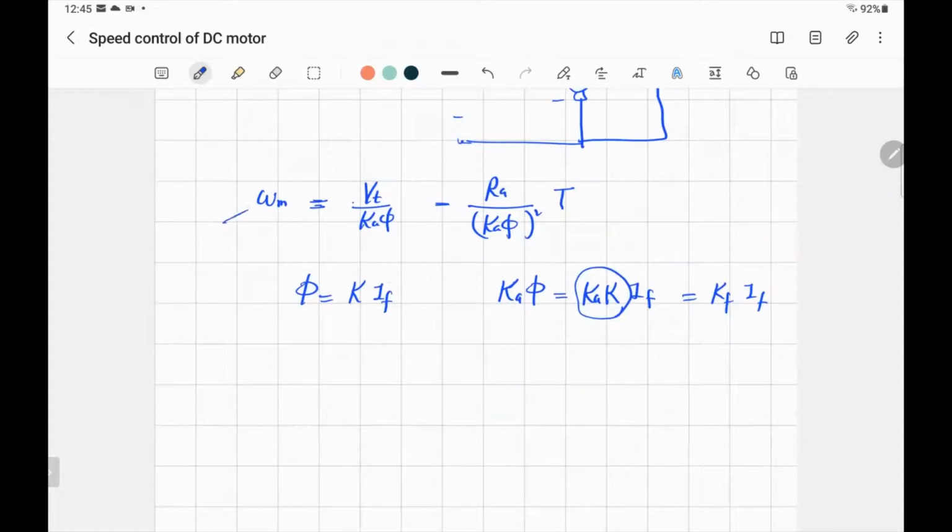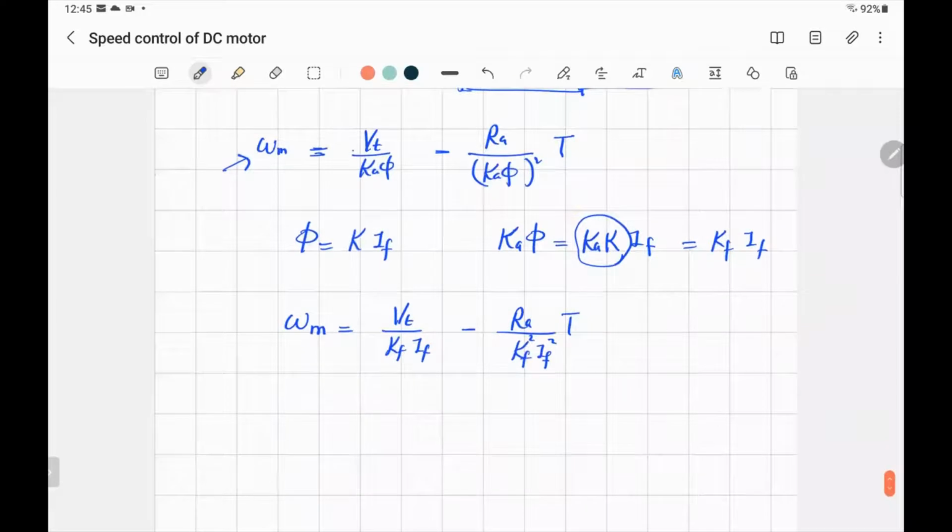I go to the main equation and replace Ka phi by Kf IF. So you have the speed equal to V term divided by Kf IF minus Ra over (Kf IF) squared, times torque. That's the equation that we have.